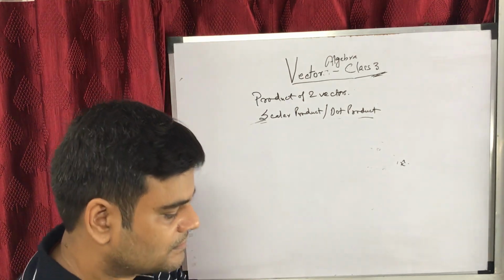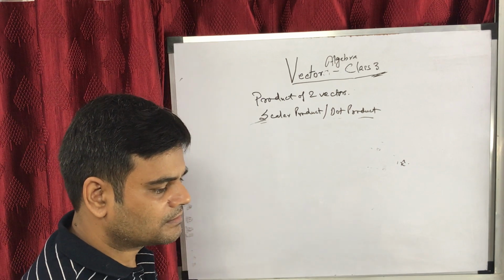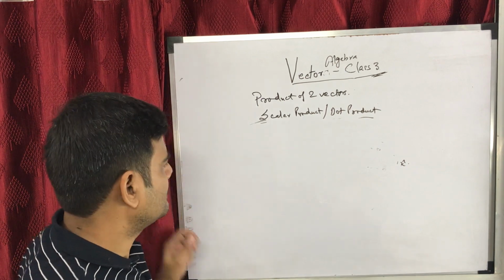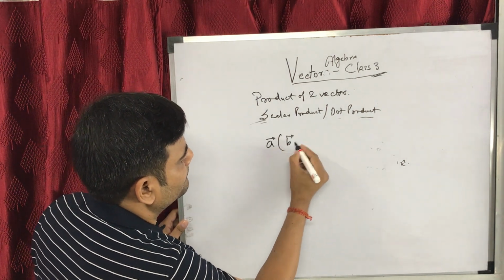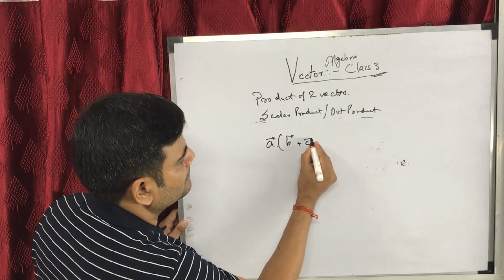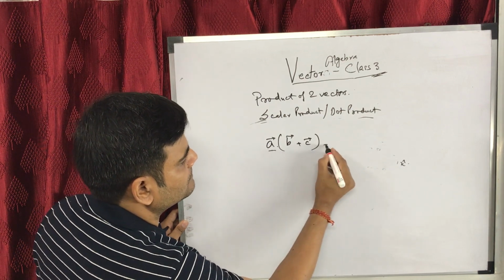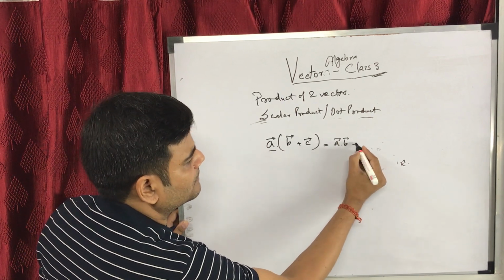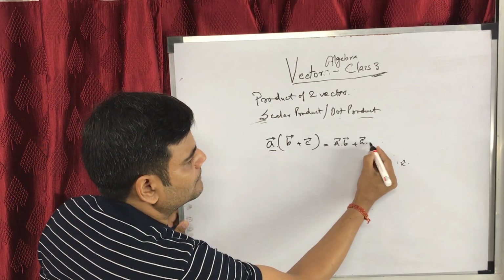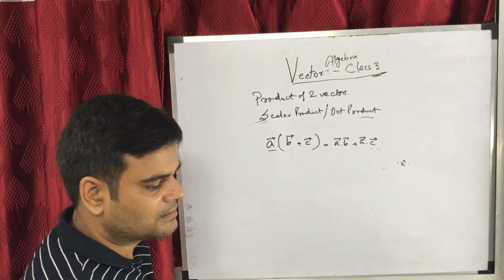There are certain things before we solve a couple of problems. Shall I move to distributive? Just remember this: A dot (B plus C), the dot product of a vector and the sum of two vectors, is nothing but A dot B plus A dot C. It is as simple as that.